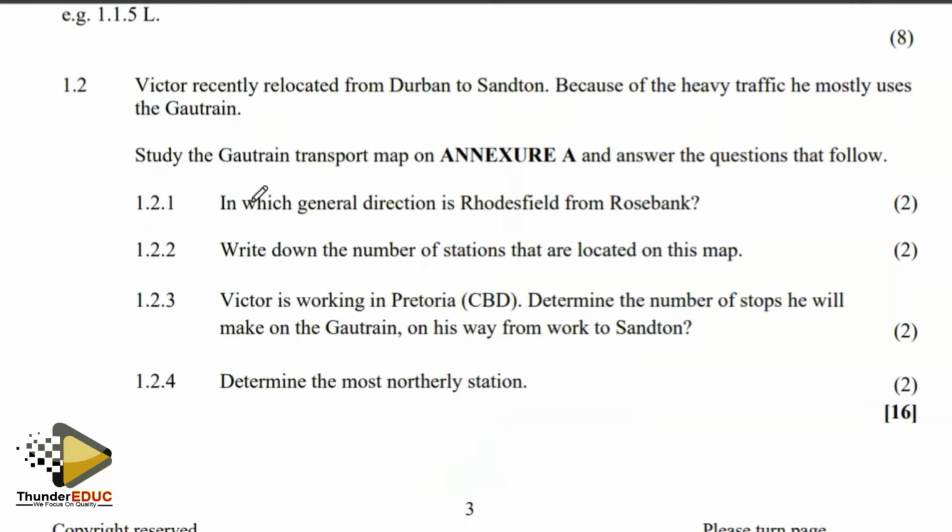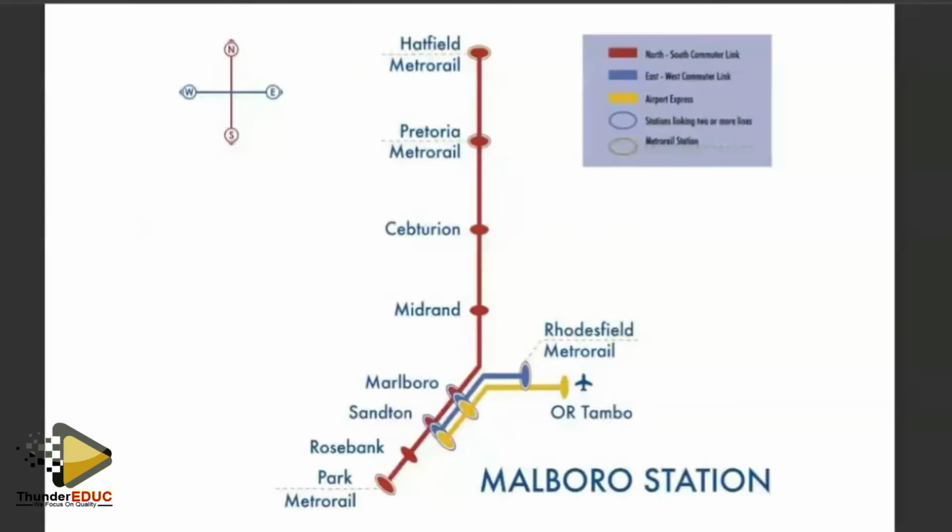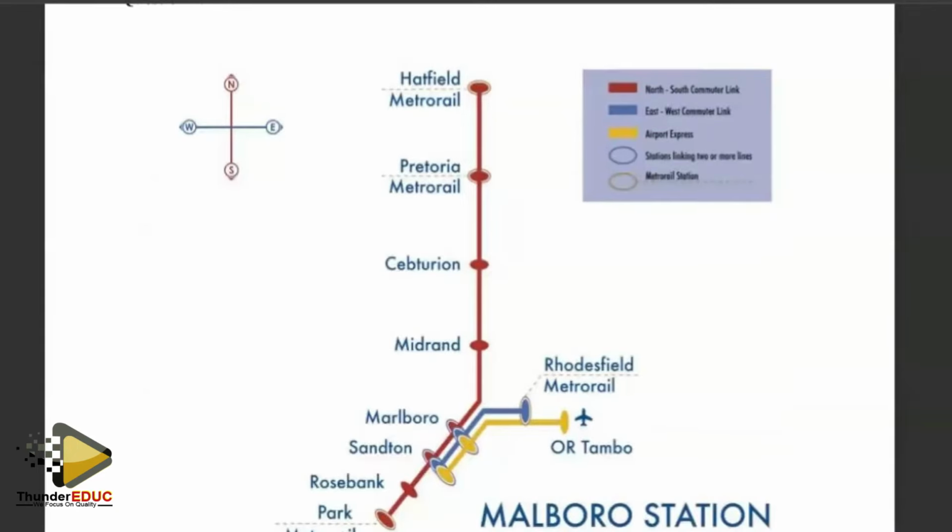In which general direction is Rosefield from Rosebank? From Rosebank. So first and foremost, we need to locate Rosebank. Here it is. So Rosebank is here, and Rosefield is here. So from which direction?